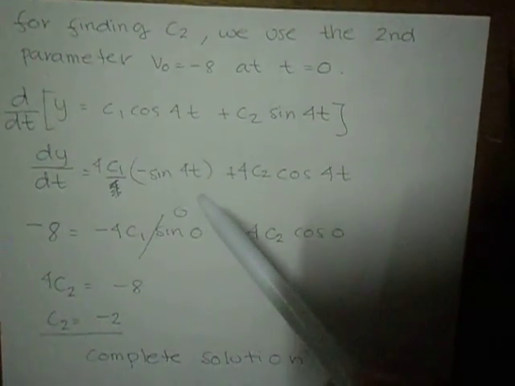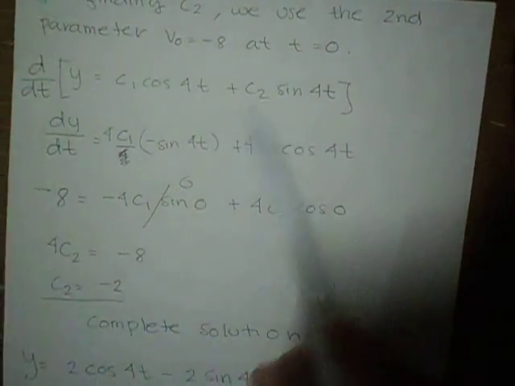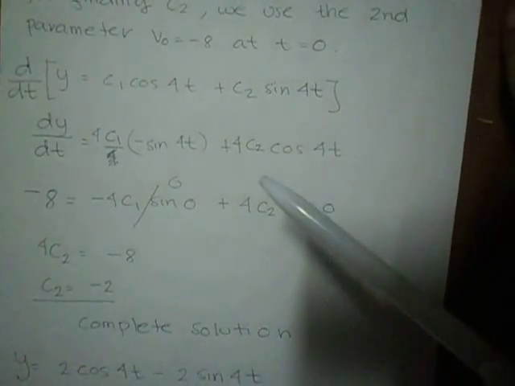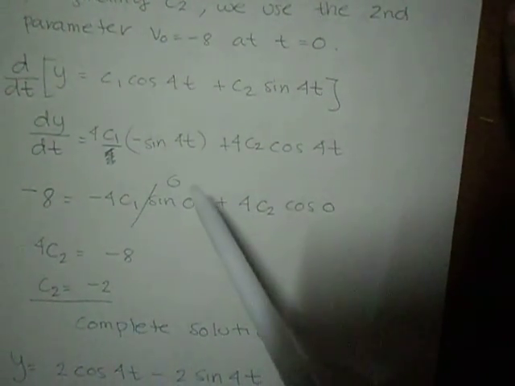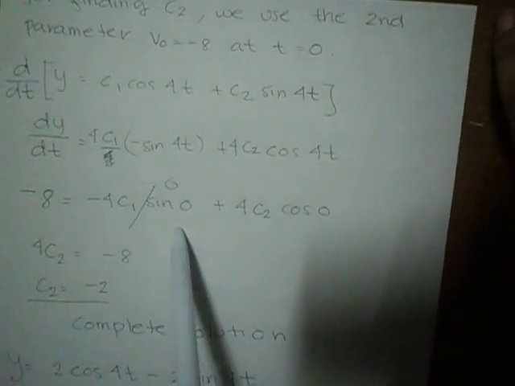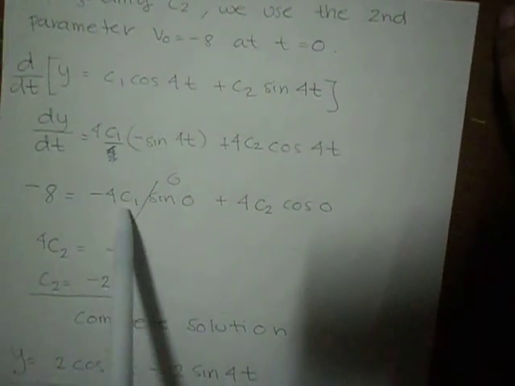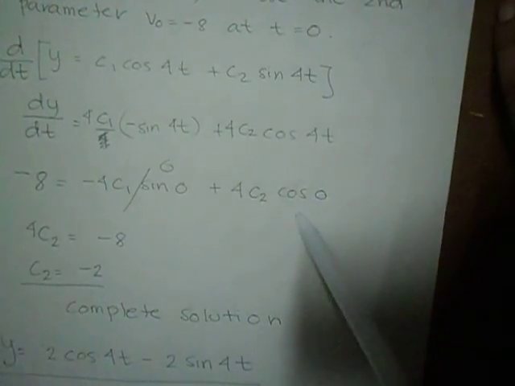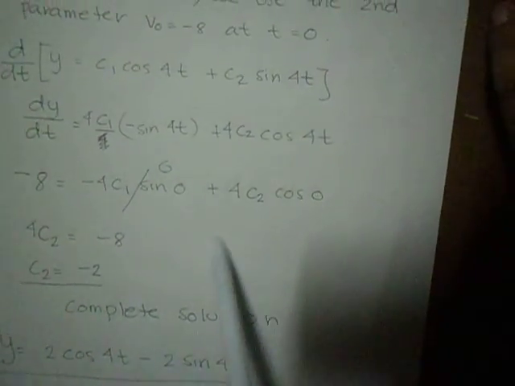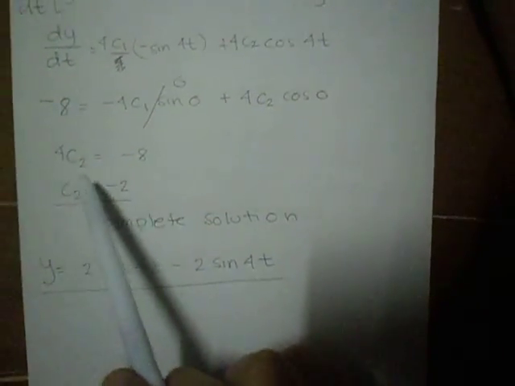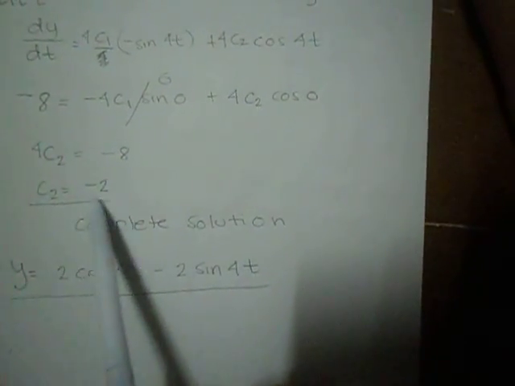Because this is now velocity, we can substitute negative 8 here, and for the time we can simply plug in t as 0. That gives us negative 4 c1 sine 0, which is already 0, plus 4 c2 cosine 0, which is equal to 1. So it will give you 4 c sub 2 is equal to negative 8, and dividing both sides by 4, c2 is equal to negative 2.